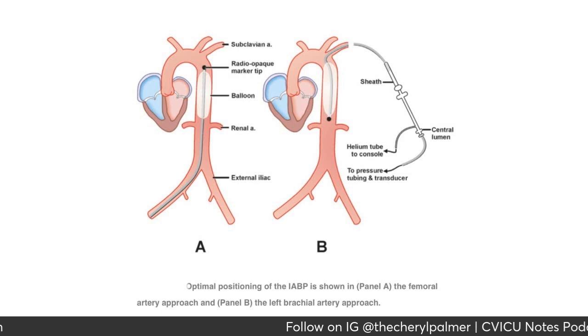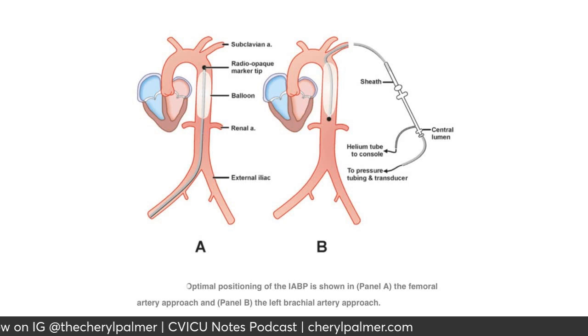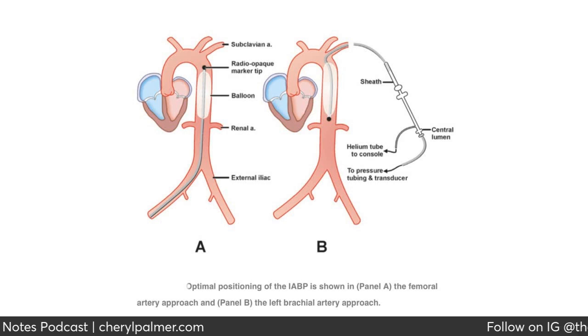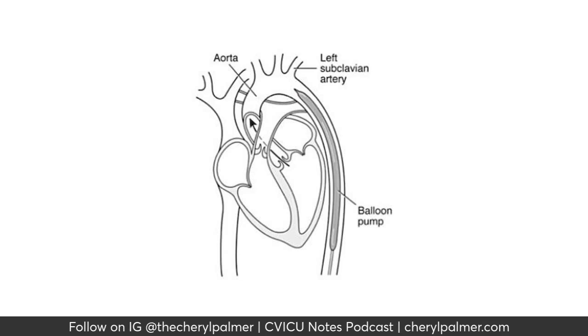If it goes beyond there, it can occlude flow, so keep that in mind. And if the balloon goes below the renal arteries, it can occlude blood flow to the kidneys. Here's another view.